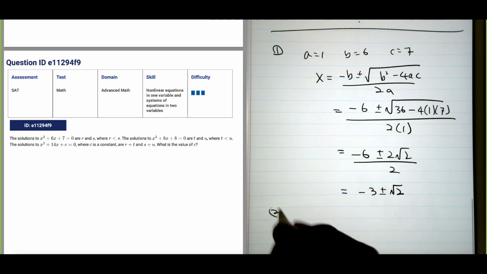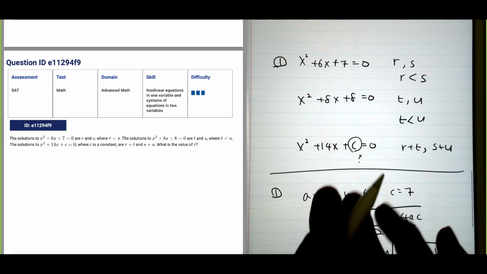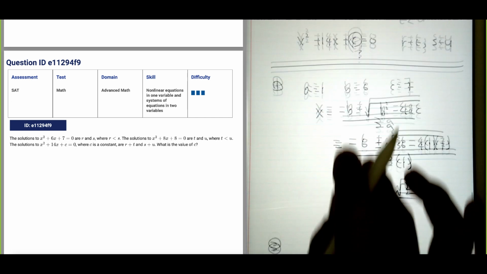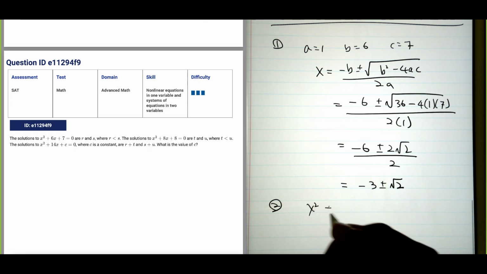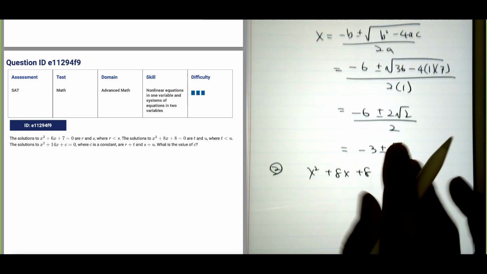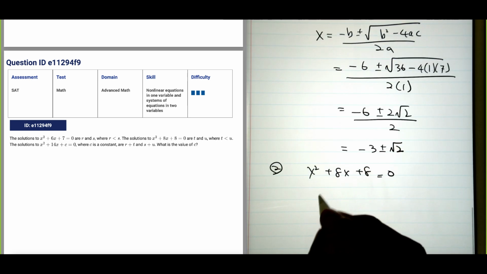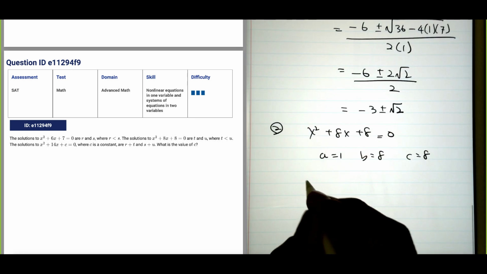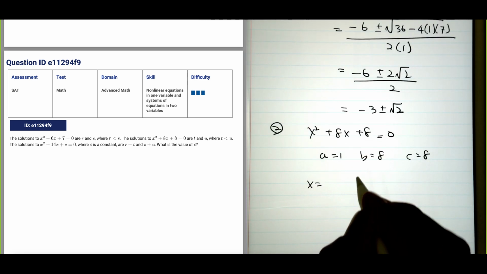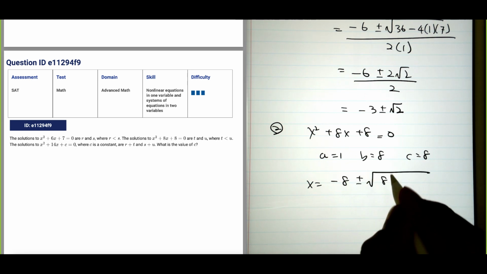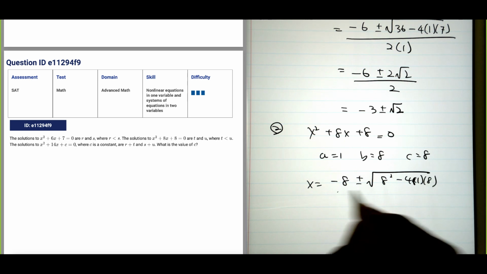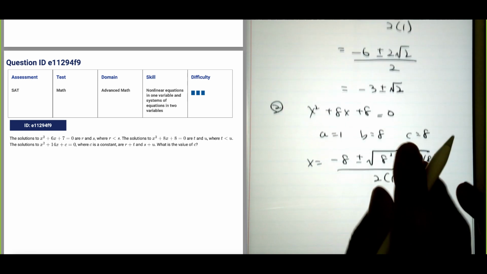Now for our second quadratic, we have x squared plus 8x plus 8. Then we can say that a equals 1, b equals 8, c equals 8. Now pull out your quadratic formula and I'll just directly plug it in. Negative 8 plus or minus the square root of 8 squared minus 4ac, 1 times 8, and all divided by 2 times 1.